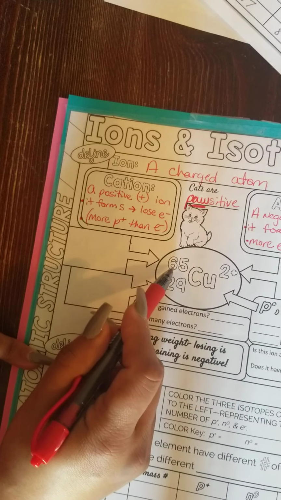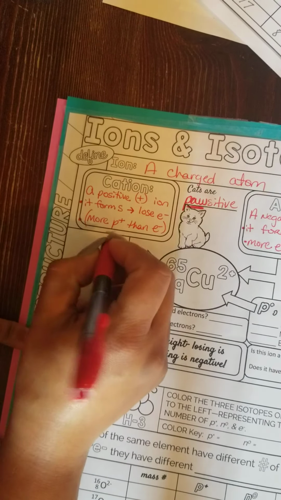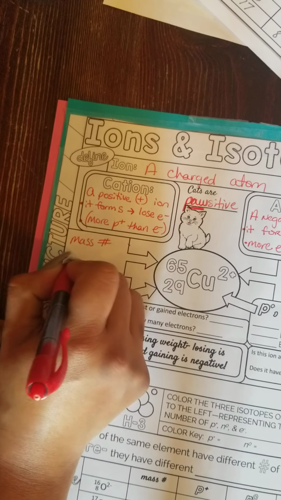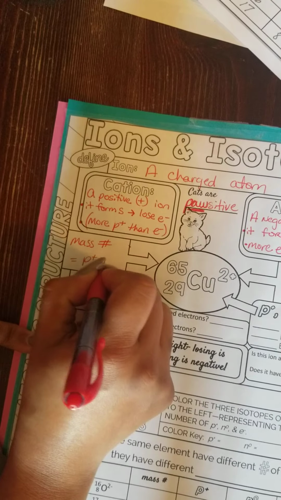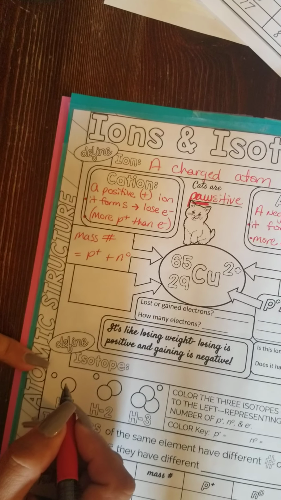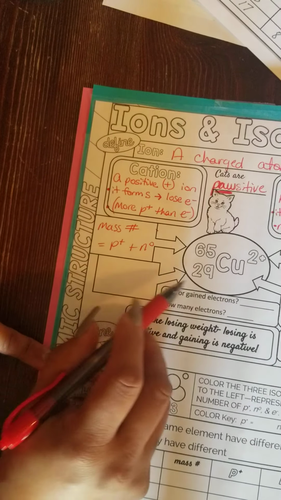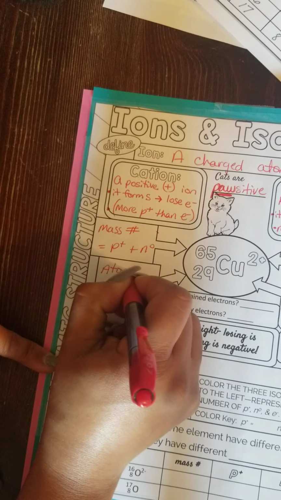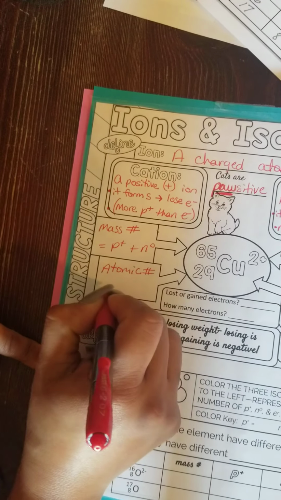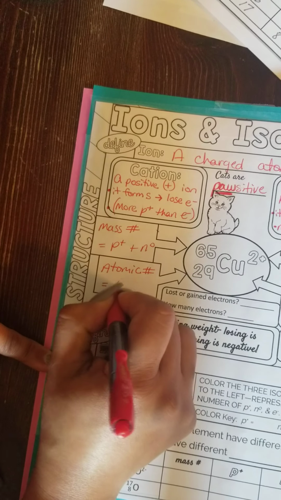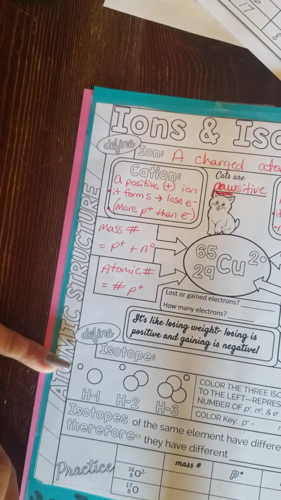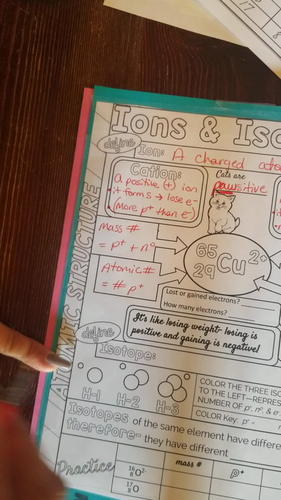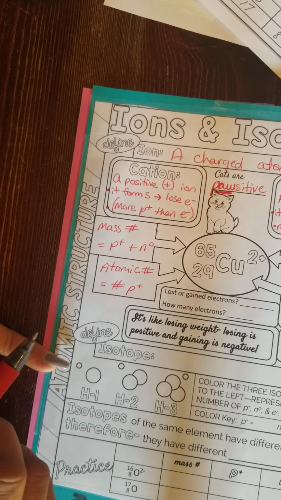So remember how we said that this top number is going to be the mass number, which equals the protons plus the neutrons combined together. Don't forget this number right down here we said is the atomic number, which equals the number of protons, but it also equals the number of electrons due to it being a neutral atom.